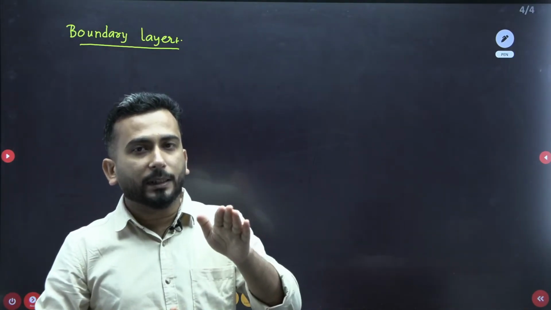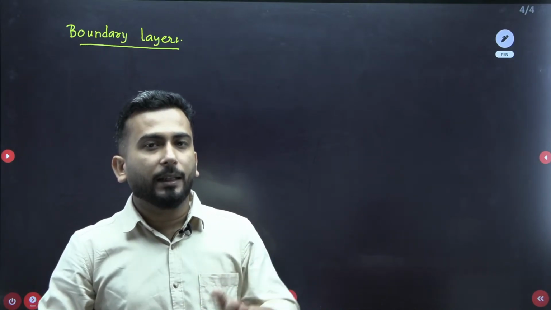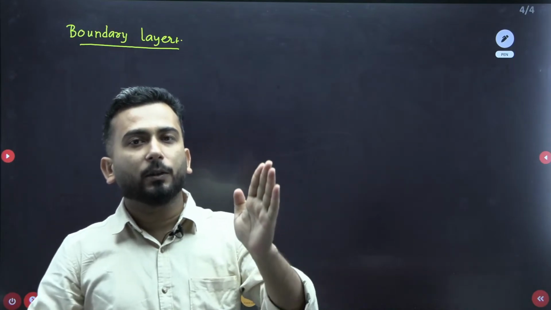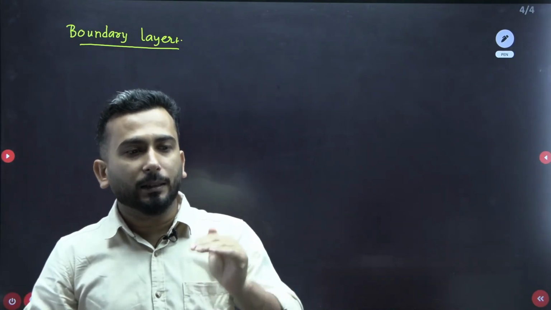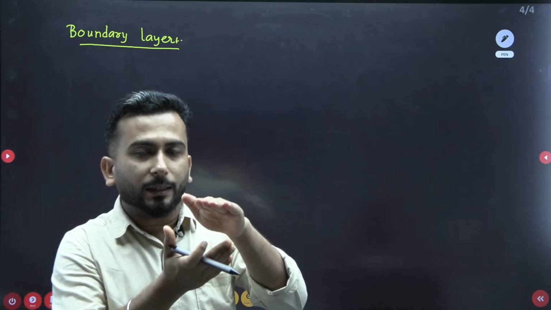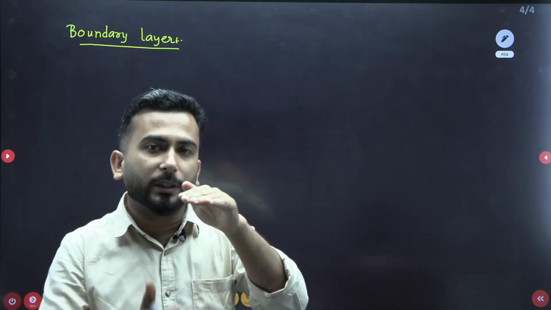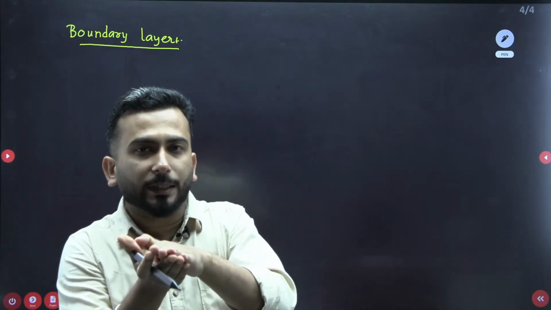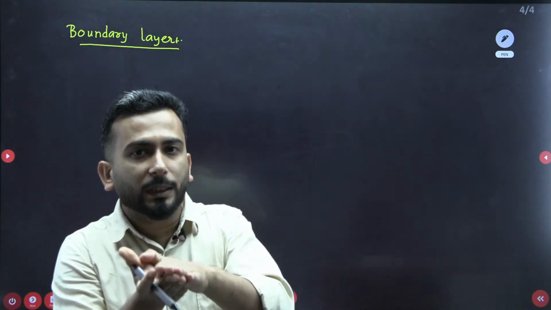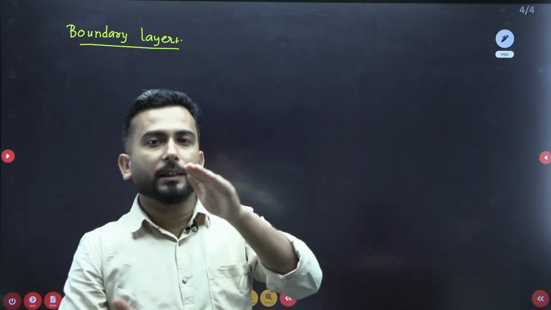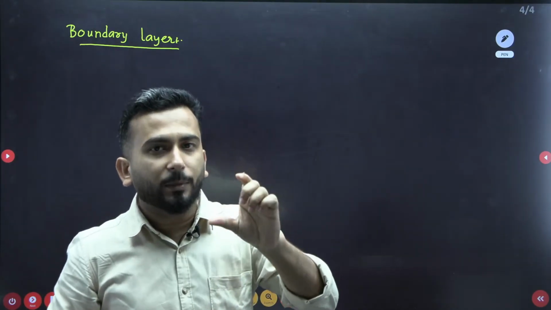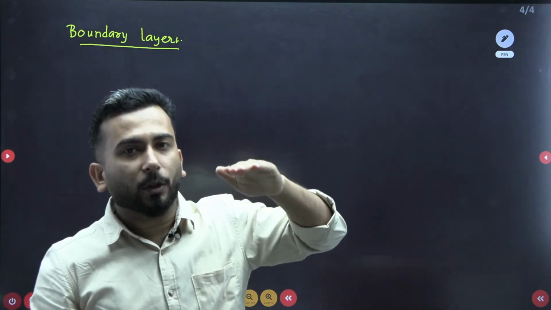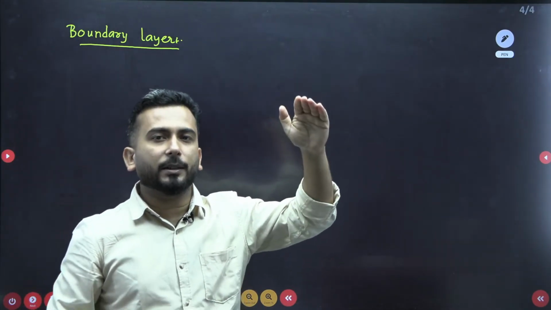For example, if a flat plate is there and a fluid comes traveling towards it, the layer of the fluid which is very close to the surface will stick to the surface due to the no slip condition, and eventually due to the friction between the layers, one by one, the velocities will be affected, right?